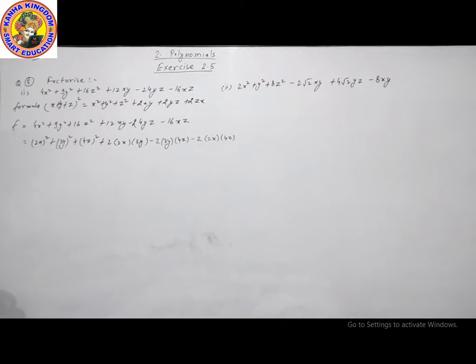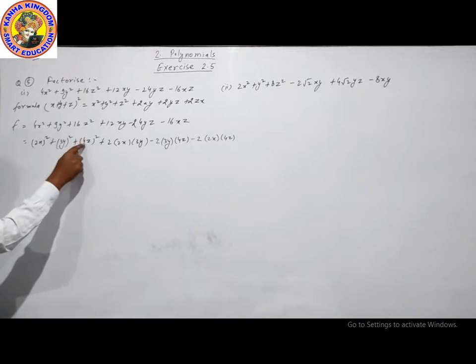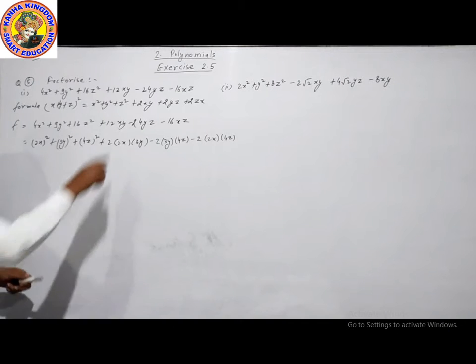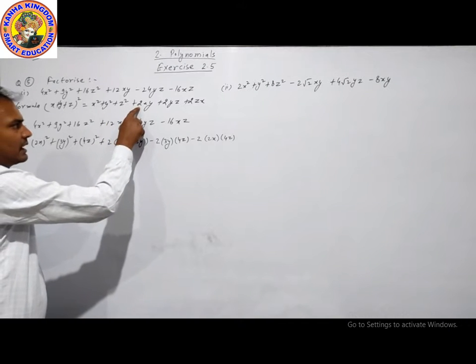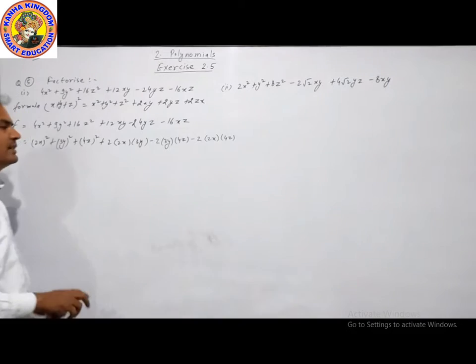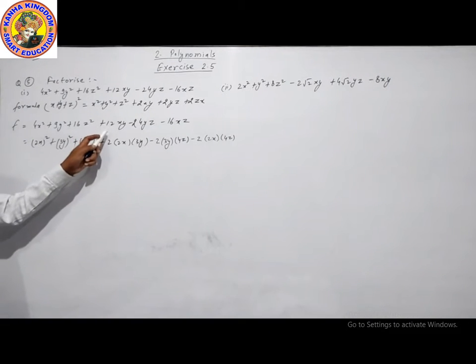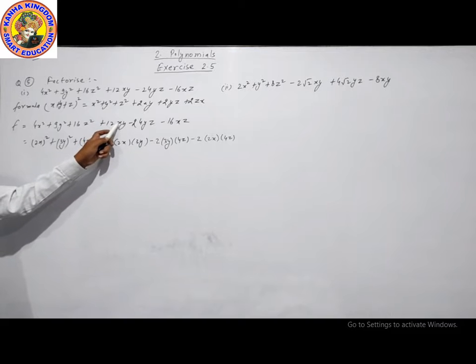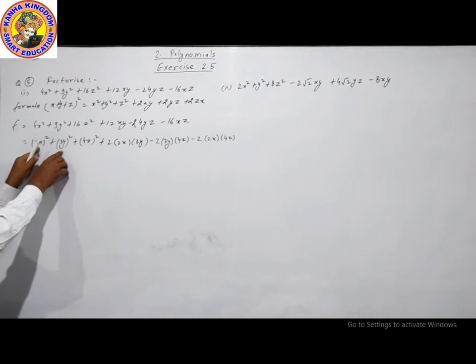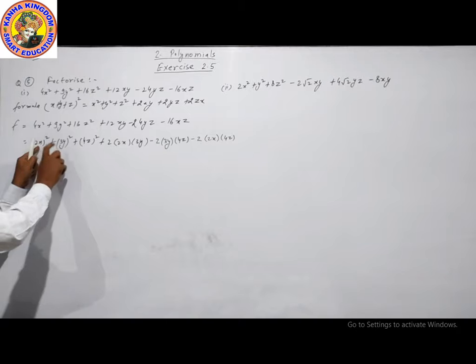Let's see again, we will make the squaring terms. 4 is 2 square, so this is 2x whole square, here is 3 square, so 3y whole square, here is 4 square, so 4z square. Now in this formula there are 2, 2 and 2, so we take common 2, the remaining part is 6xy, with factors 2x and 3y.